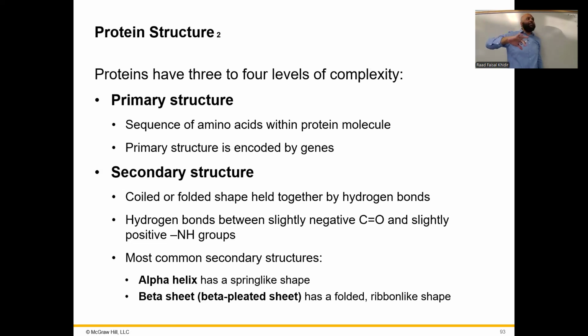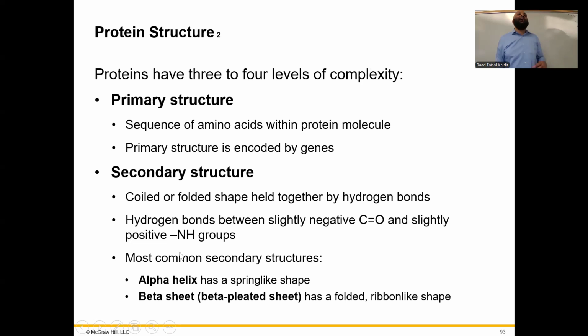The secondary structure is when the primary sequence folds up on top of itself through hydrogen bonding and van der Waals interactions. The most common types of secondary protein structure are the alpha helix, which has a spring-like shape, and the beta pleated sheets.